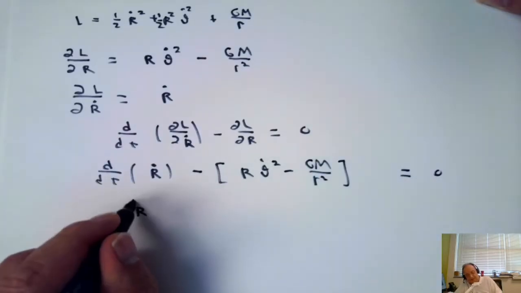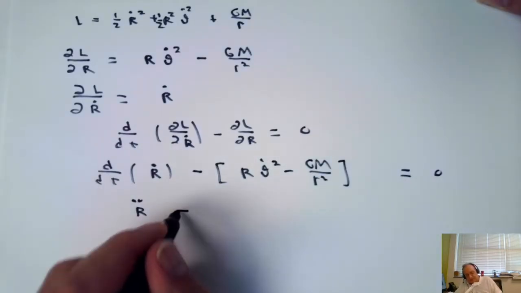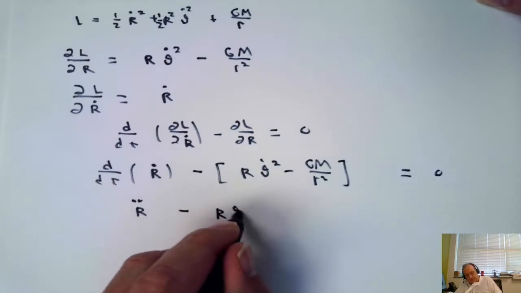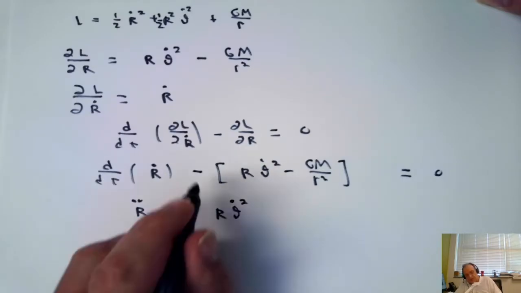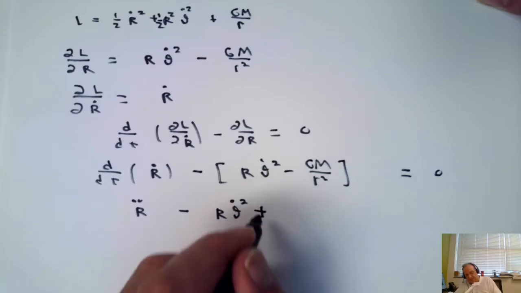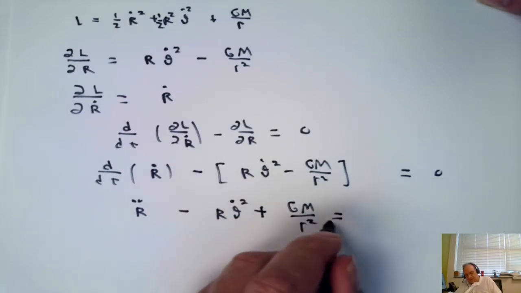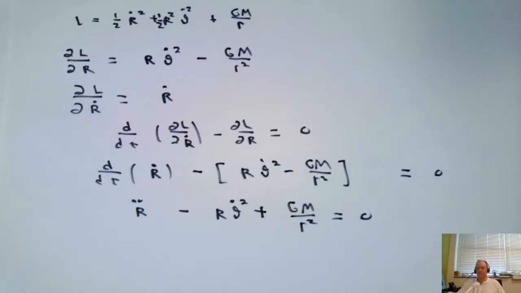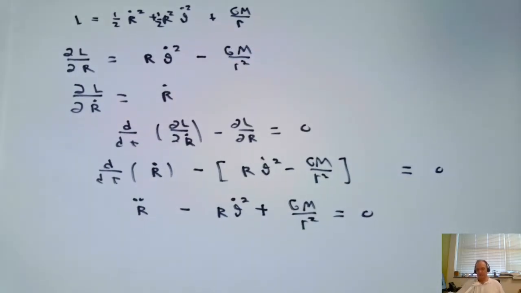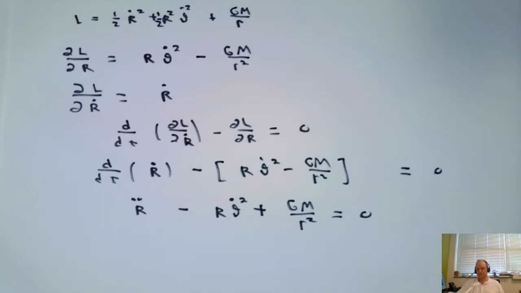This is second derivative of r minus r theta dot squared minus minus is plus GM over r squared equals 0. Dot here means derivative with respect to time.